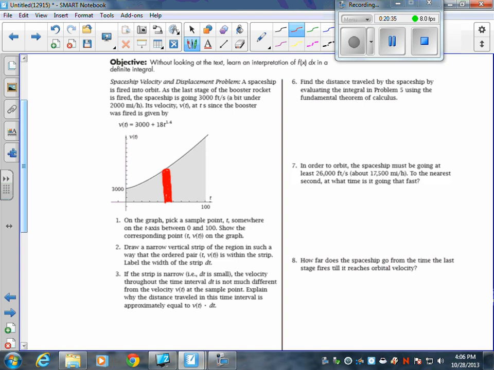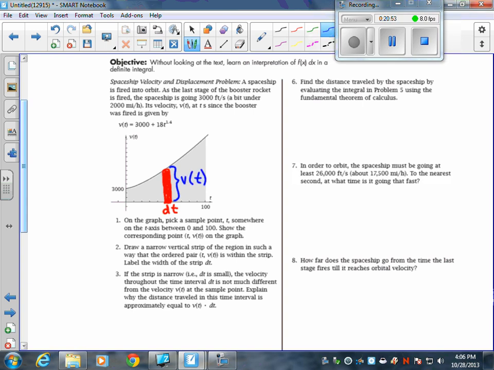Basically I want to talk about the width, and the width of my rectangle is the change in time, or dt. The height of my rectangle is just the function value at t.